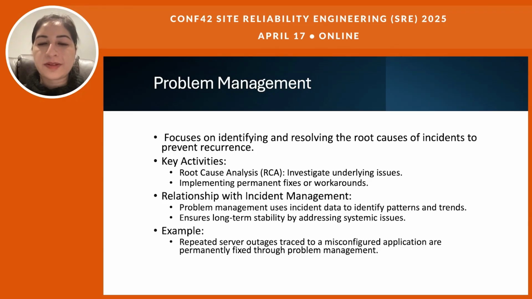For example, imagine repeated server outages traced back to a misconfigured application. While incident management resolves each outage temporarily, problem management steps in to permanently fix the configuration issue. By addressing these root causes, problem management ensures long term stability and reduces the likelihood of future disruptions. Now, isn't that great?